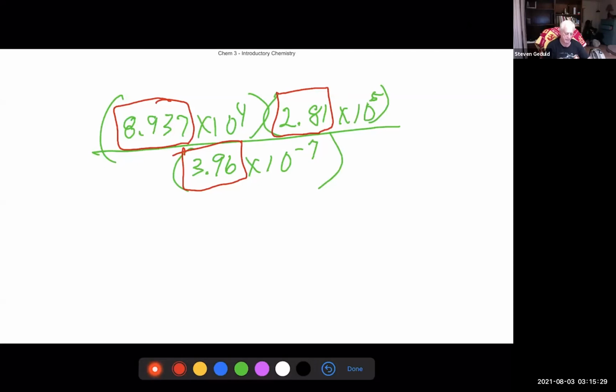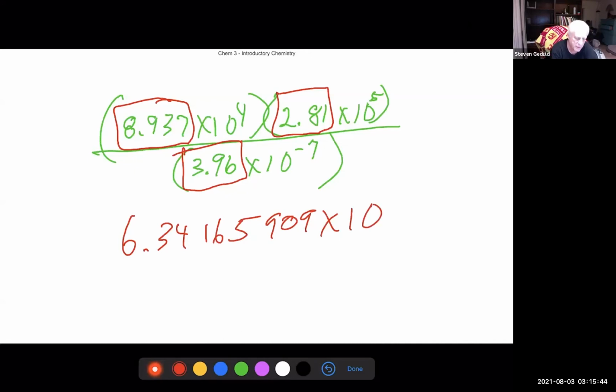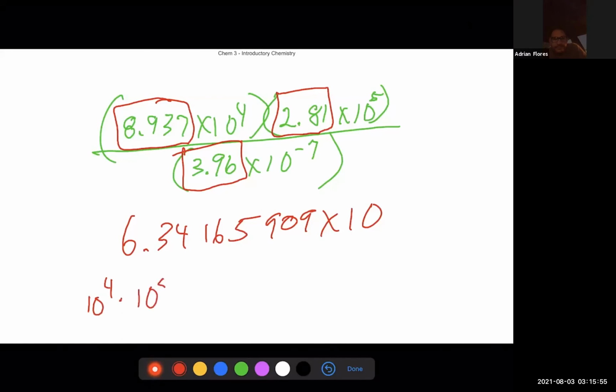And that comes out to 6.34165909 times 10 to the... I want to put it a little bit different place. So we'll have 10 to the fourth times 10 to the fifth, and we bring that up, times 10 to the seventh. We bring that up, change the sign.